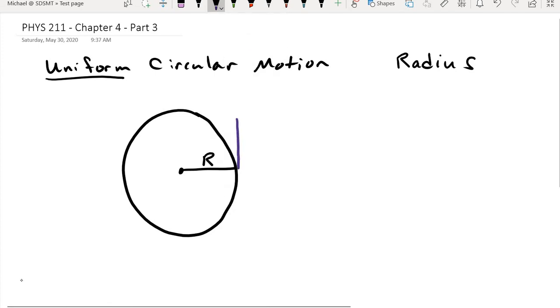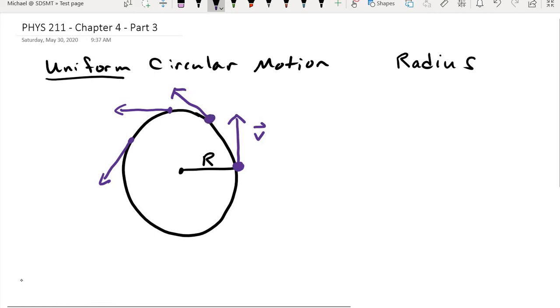And I specifically use that word speed because as we travel around the circle, the direction in which we travel changes. And so we could call this the velocity.